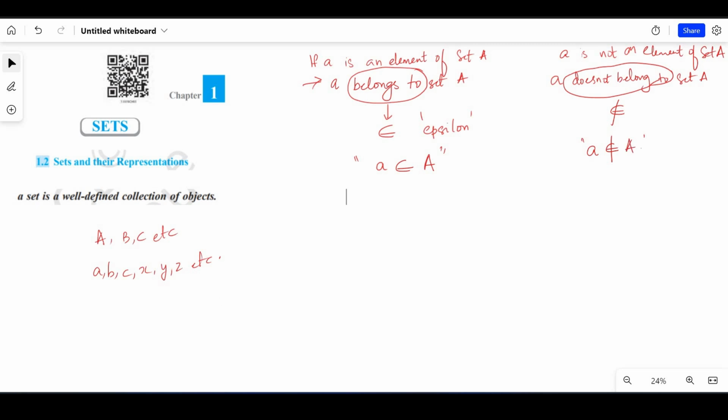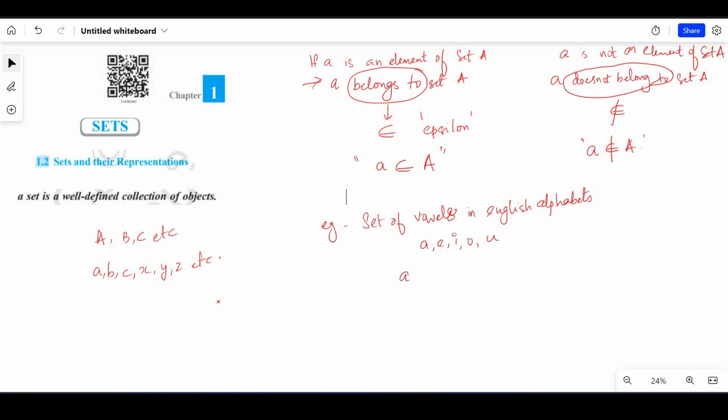For example, say the set of vowels in the English alphabet. We know the vowels are a, e, i, o and u.